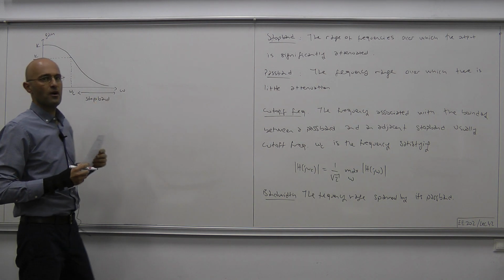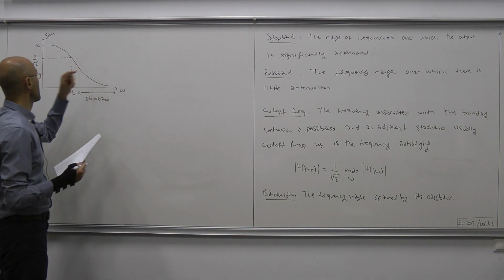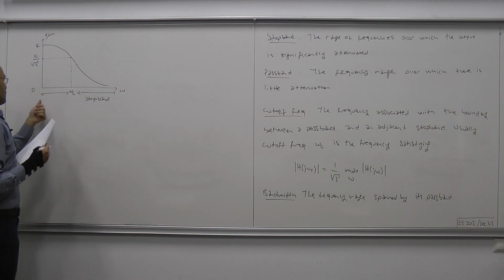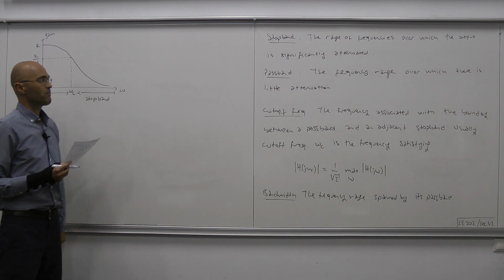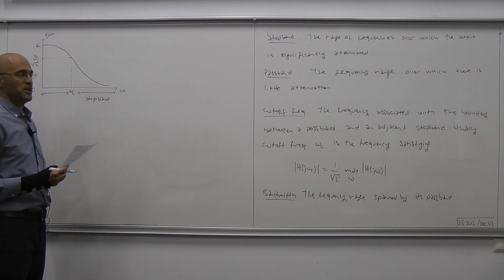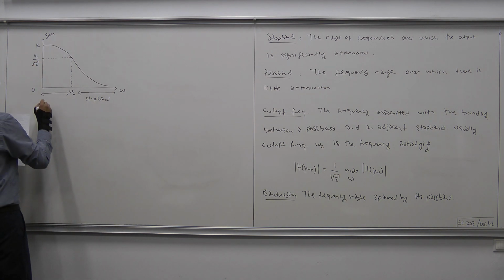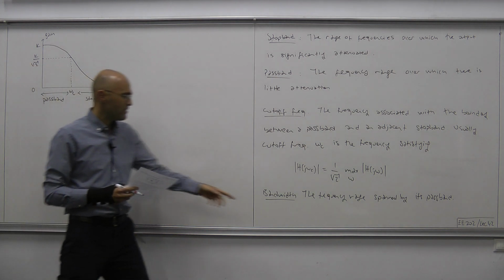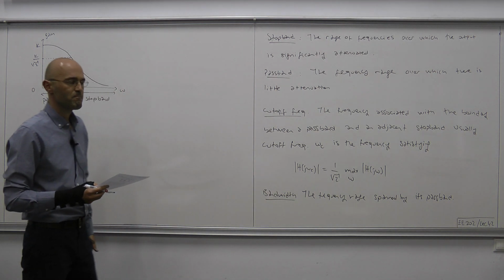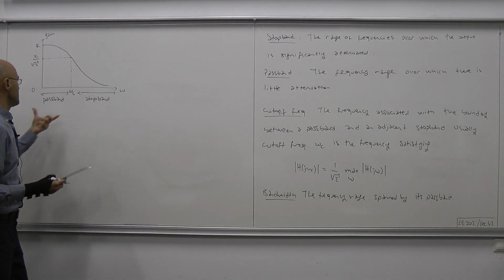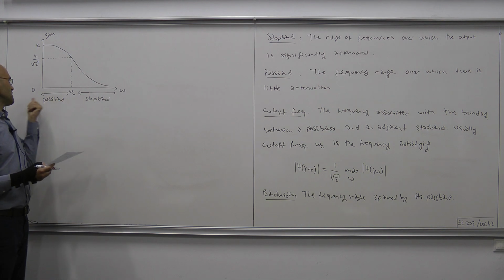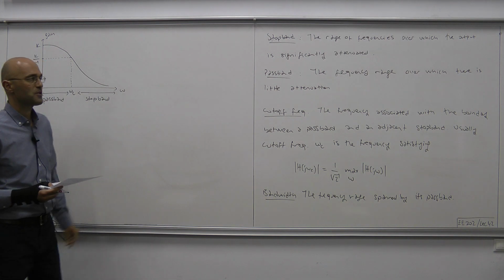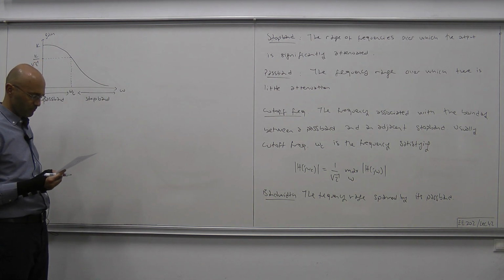And the frequencies from 0 to omega c are our passband for this filter. As for the bandwidth, bandwidth is the length of the passband, and in this case the bandwidth is omega c minus 0, it's omega c.